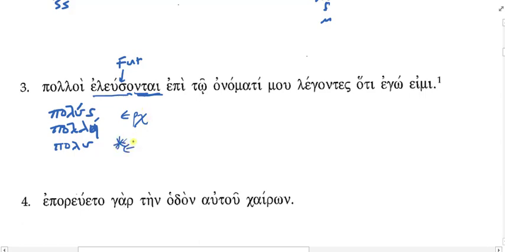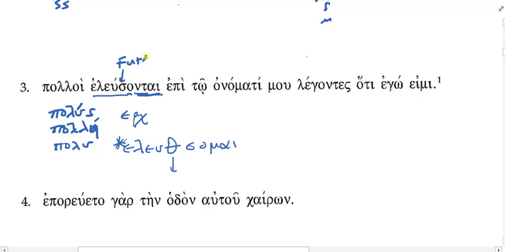The real root that the future is using is eleuth. Remember that? It's eleuthsomai. And the sigma causes the theta to fall out. Okay? Dentals before sigmas fall out. Remember that? Dentals, teeth fall out. So that's it.